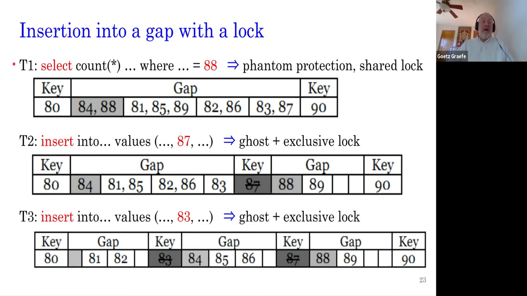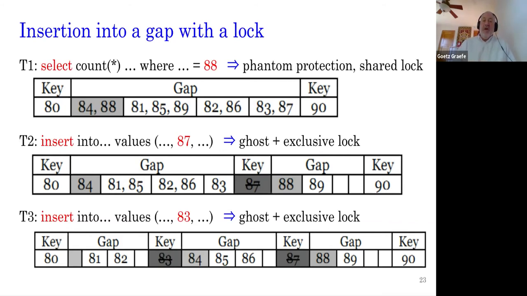So if transaction 1 says how many rows are there with key value equal 88, that's of course 0, but we also need phantom protection, so we need to prevent anybody from inserting an 88, because that would disturb the consistency of our transaction 1.